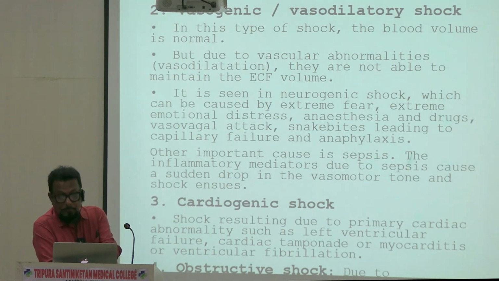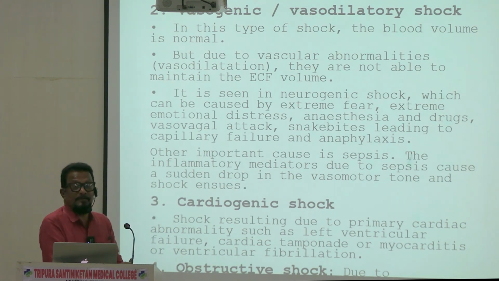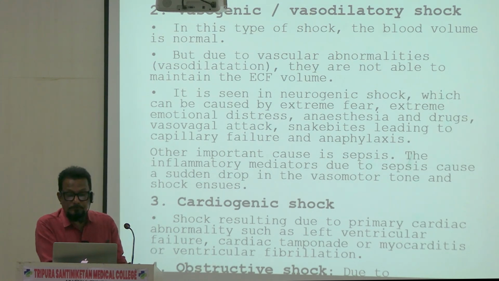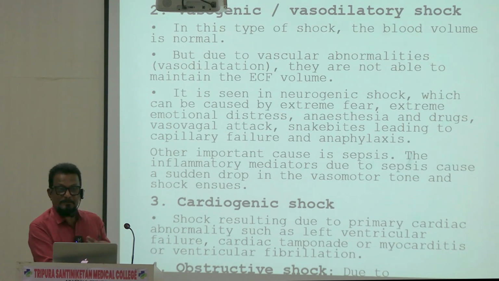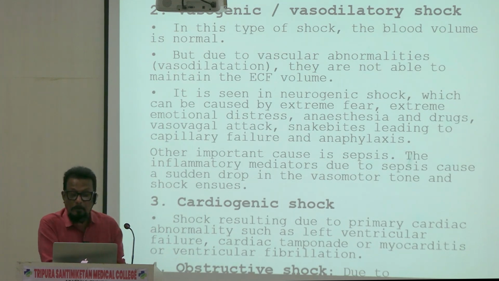Another type of circulatory shock is vasodilatory shock. It is also called vasogenic shock. There will be massive vasodilation. Because of this vasodilation, the vital organs will not be getting a proper amount of blood.